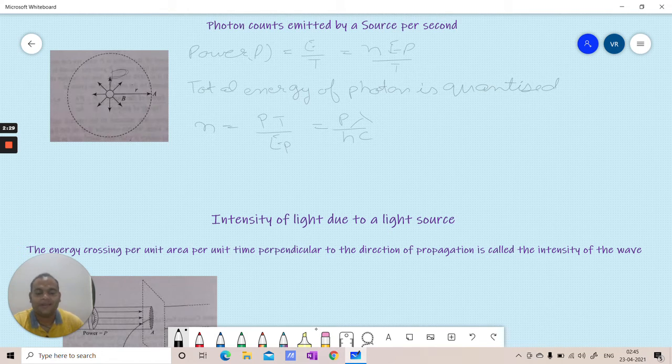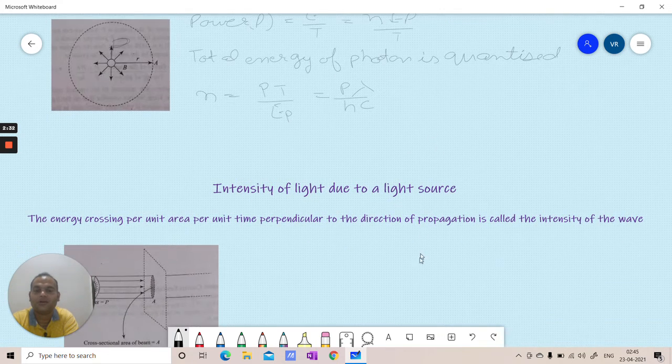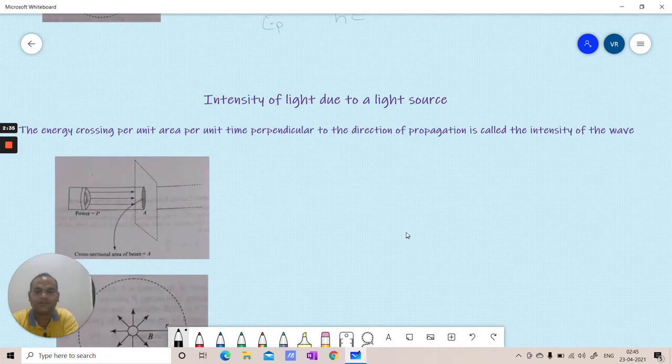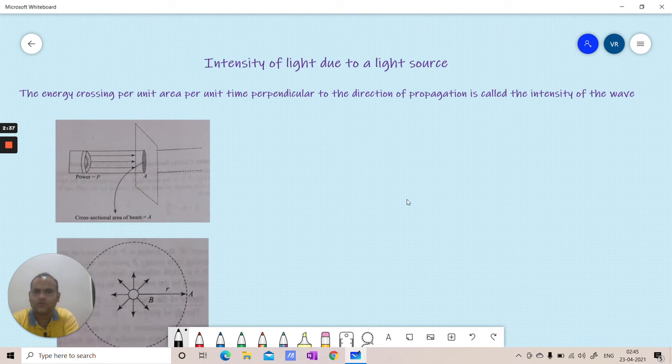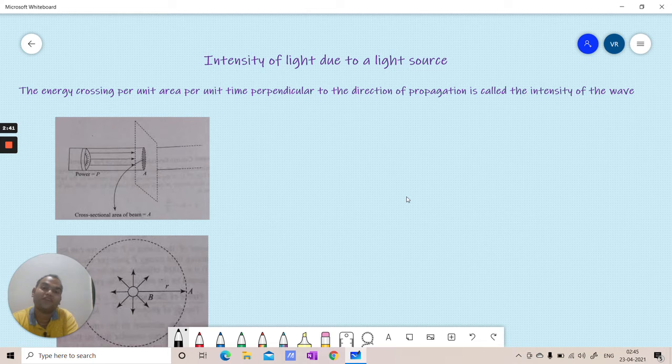Okay, now we'll come to the intensity of light due to a light source. So what is intensity? I'm sure we all have heard about it. Intensity is the energy crossing per unit area per unit time perpendicular to the direction of propagation, right?